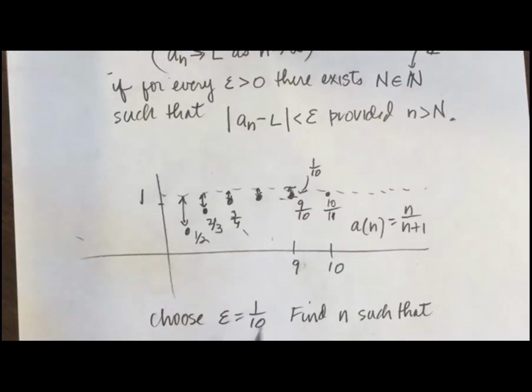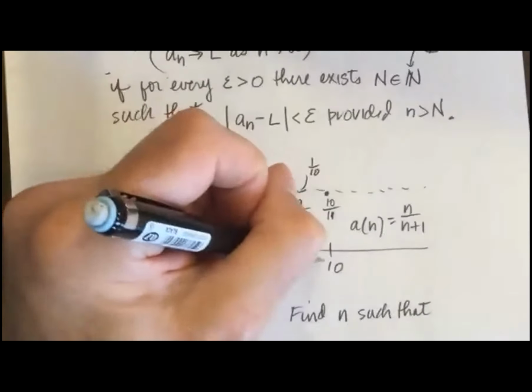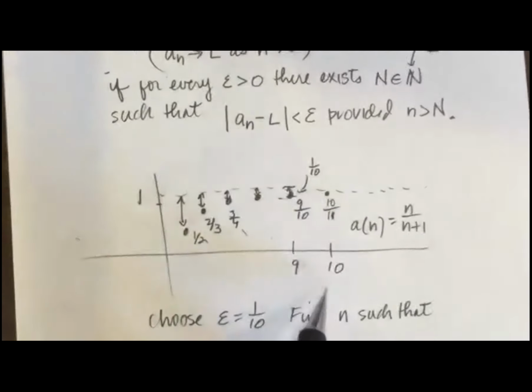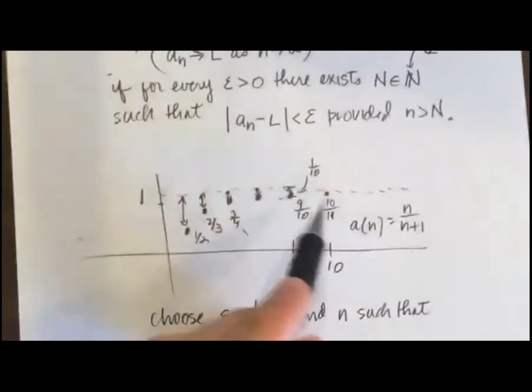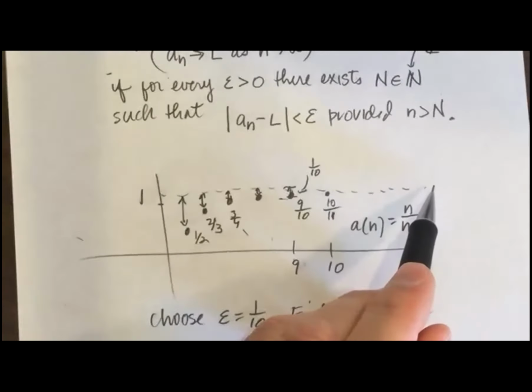Okay, but it has to work for all of them, doesn't it? So if I give you 1/10, you say choose what? Choose n equals 10. Because from 10 on, I'm going to be closer than 1/10.